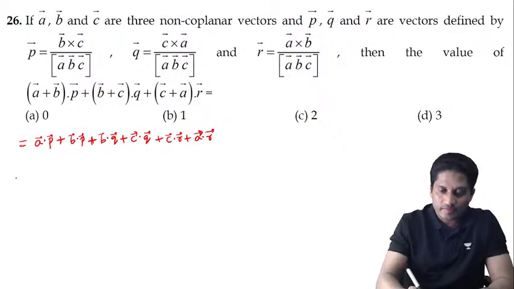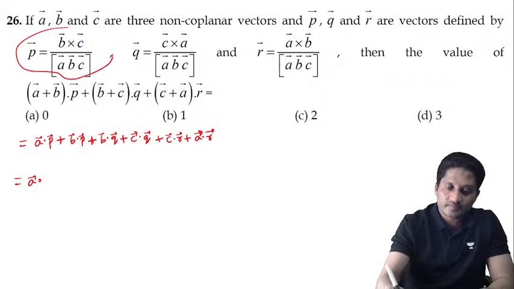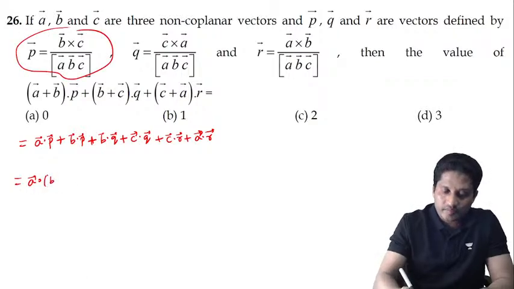Now I'll substitute the values. This will be equal to A dot with P, and P is B cross C divided by box of ABC.